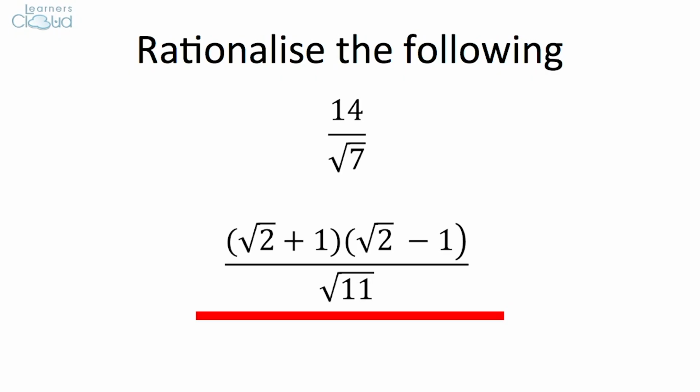So the next question is (√2 plus 1) multiplied by (√2 minus 1) all over √11.